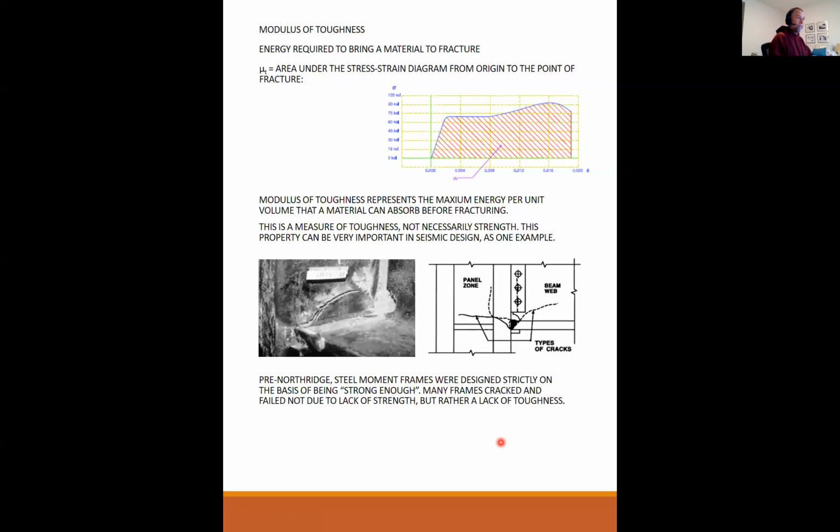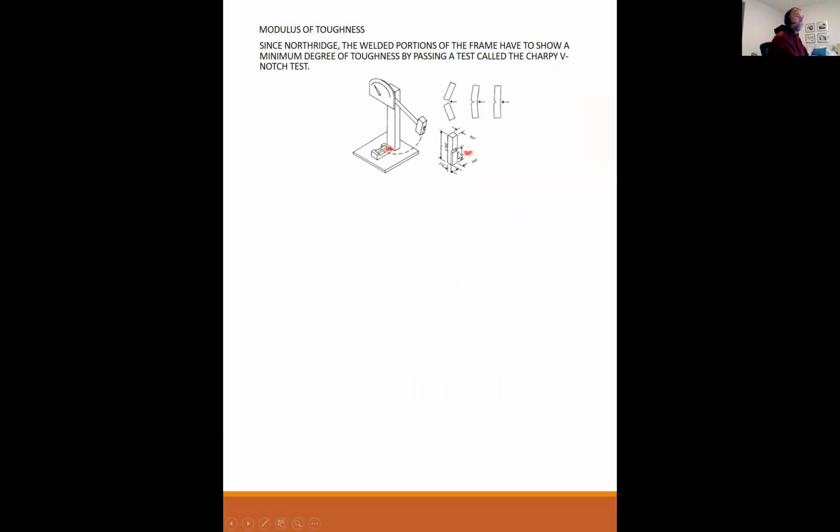Since Northridge, the welded portions of the frame have to show a minimum degree of toughness by passing a test called a Charpy V-notch test. Here is the test apparatus. You have this pendulum with a hammer in it, and you take a sample and you cut a notch in the sample in a very specific way.